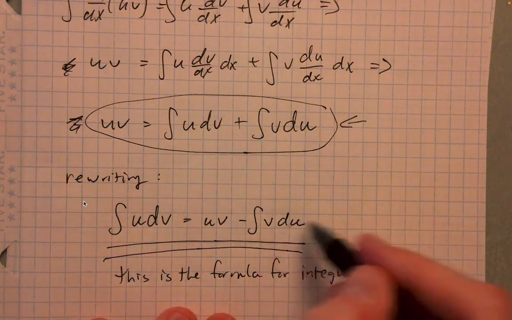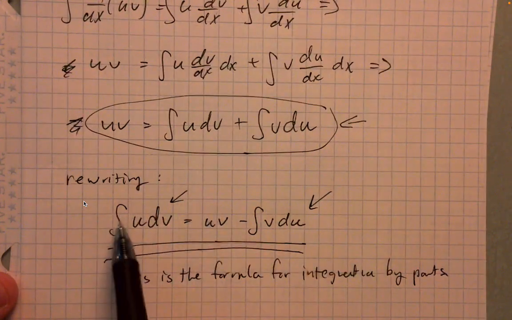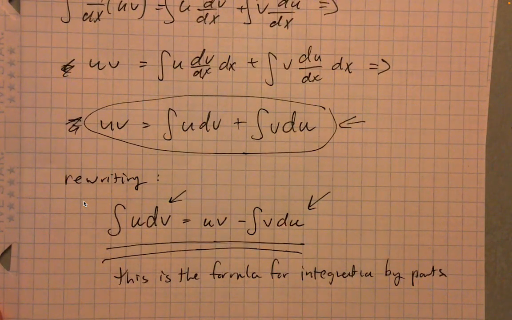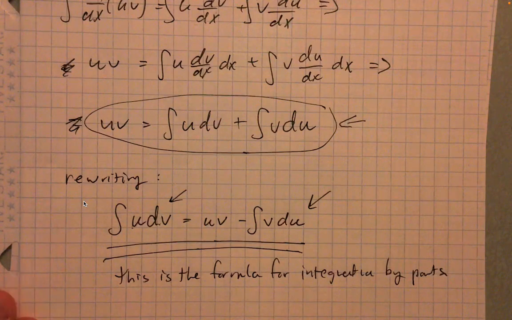The integral of v du is likely to be easier to evaluate than the integral of u dv, but for that to be the case, u and dv have to be chosen very carefully.